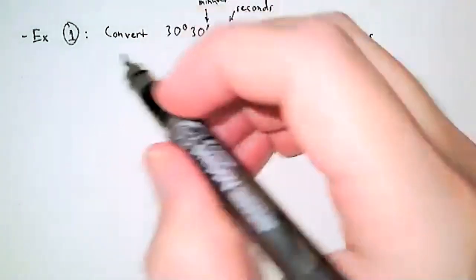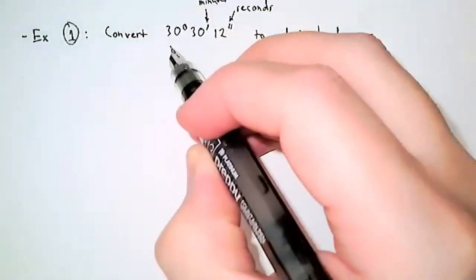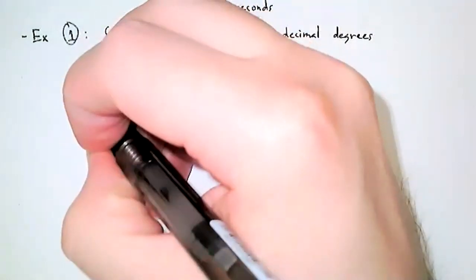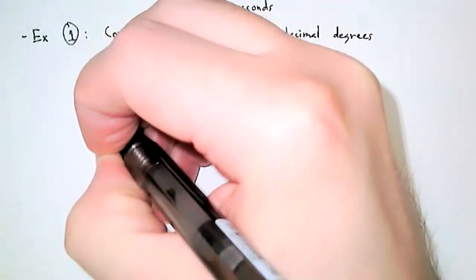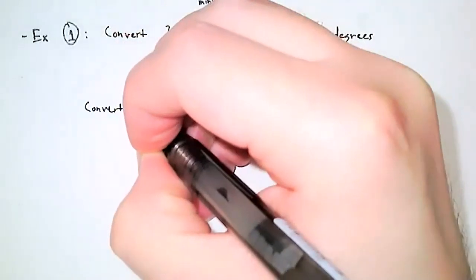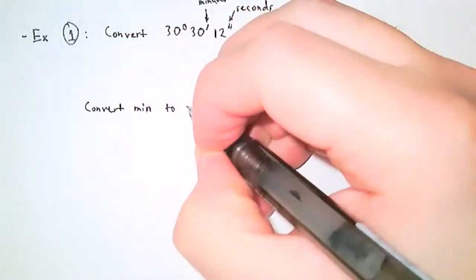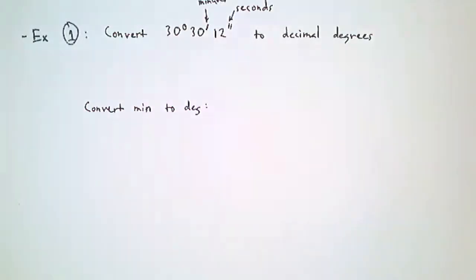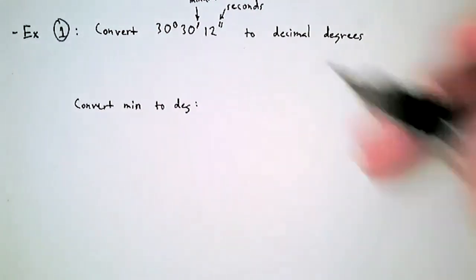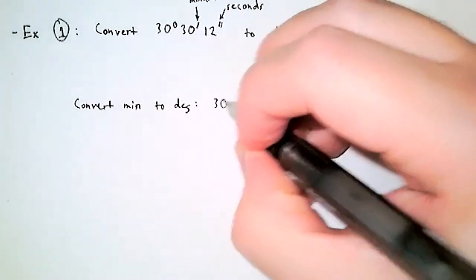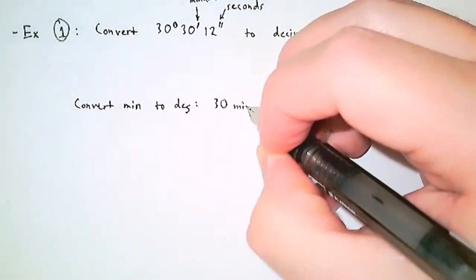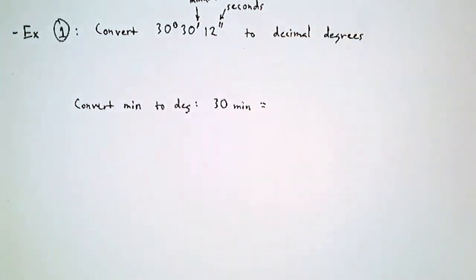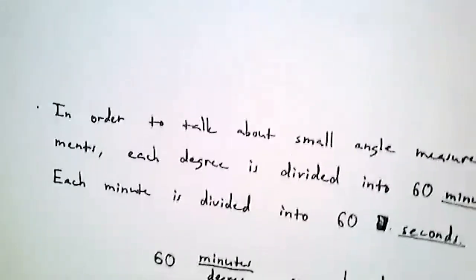Step one will be to convert minutes to degrees. So I have 30 minutes, and I'm going to use the relationship that we just finished talking about to convert it to degrees.